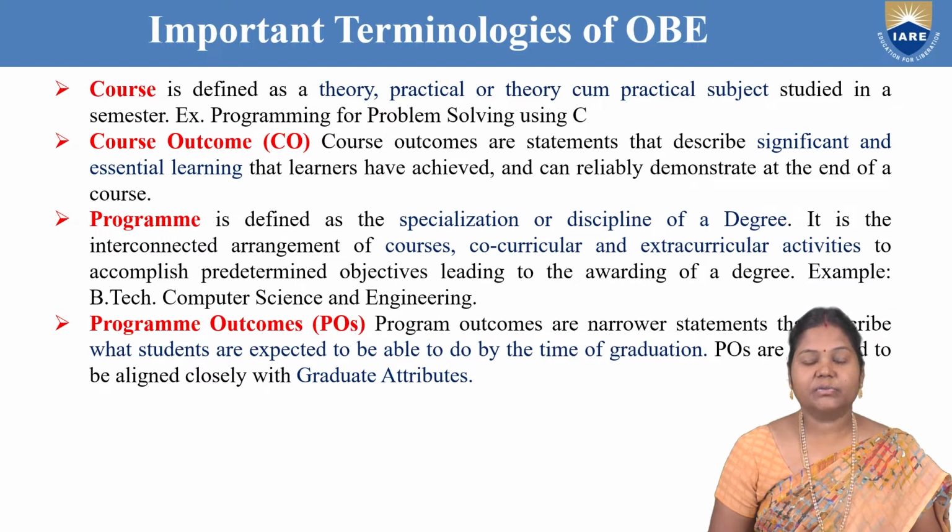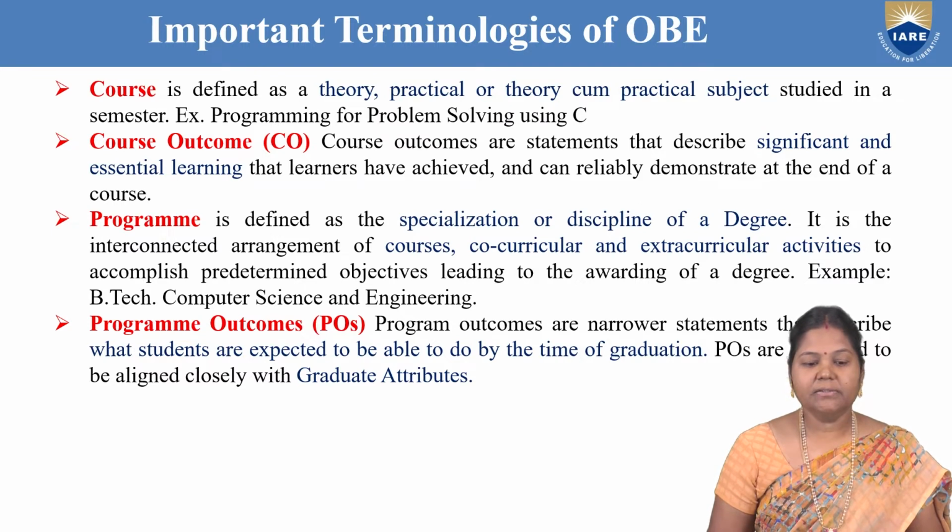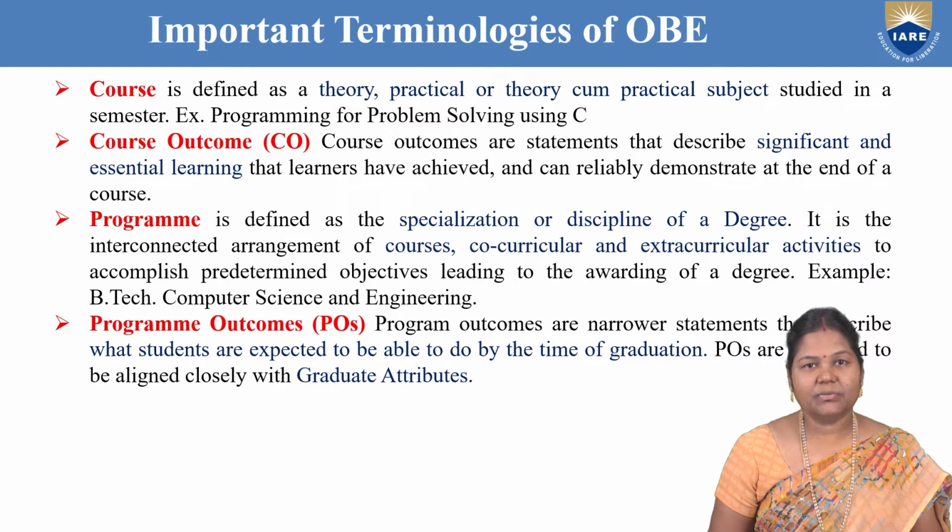Along with that, a student has to do a number of co-curricular and extracurricular activities. With the combination of all, the student will achieve the predefined objectives for the award of the degree. If the student has achieved them, then we say that the student has achieved the program outcomes.